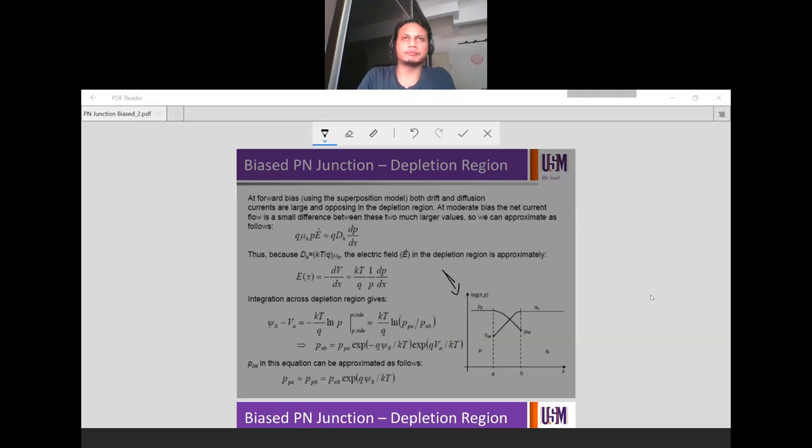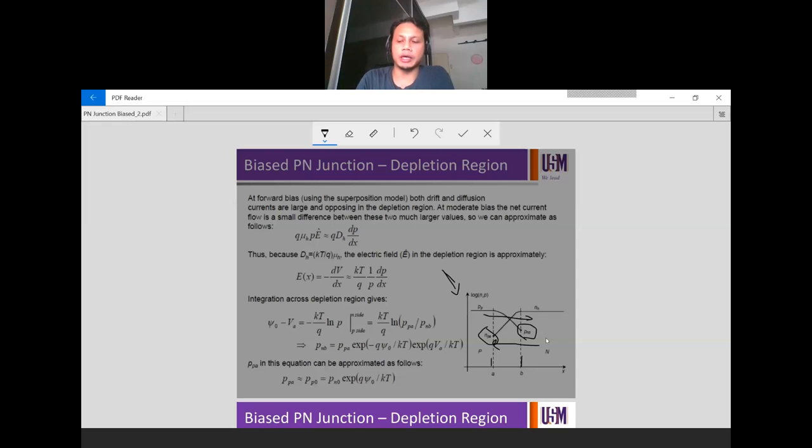Due to the diffusion, we need to know the density of the minority carrier on the other side of the junction. To be exact, at the end of the depletion region, given by this point A and B, we want to know the concentration of n_pA and p_nB, due to the diffusion of electrons from N side to P side, and holes from P side to N side after the application of forward bias.